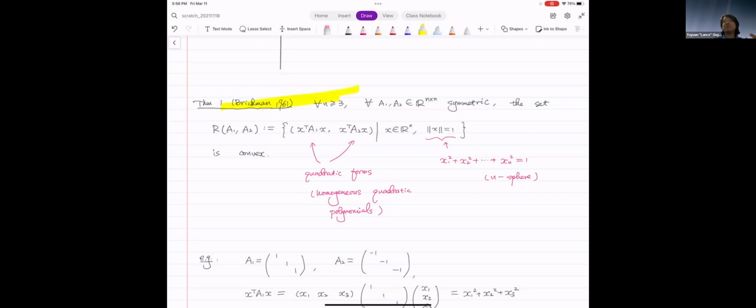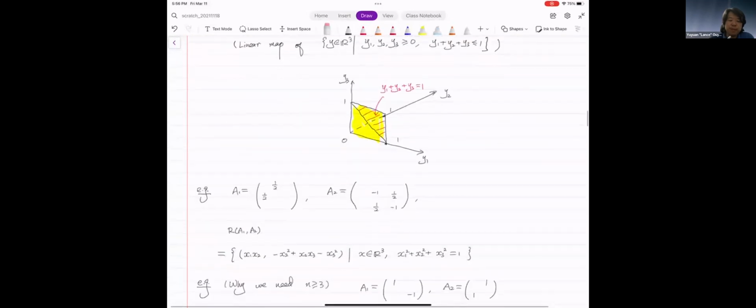Again, this is a hidden convexity result because I cannot see at the very beginning why this is convex. This is the nonlinear map of a non-convex set. I only know that linear maps of convex sets are convex, and that nonlinear maps of convex sets are not necessarily convex. But the interesting thing is that somehow this is true. So I'm done with the proof of Brickman's theorem.